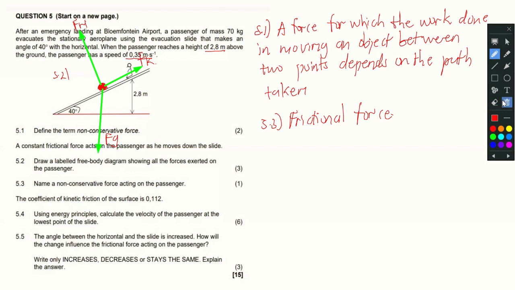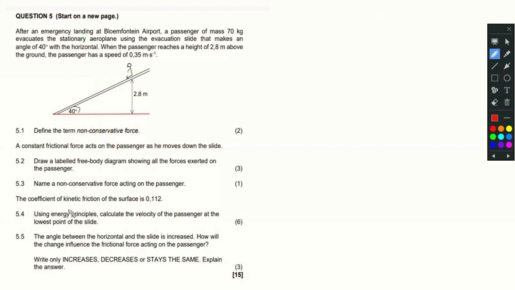Then we have 5.4, which says, using energy principles, calculate the velocity of the passenger at the lowest point of the slide, right, for 6 marks. Now, I normally say that when it comes to energy principles on an incline, you normally have to use the work done by non-conservative force. Also bear in mind that all the statements have been giving us hints on the non-conservative force. 5.1 says define non-conservative force.